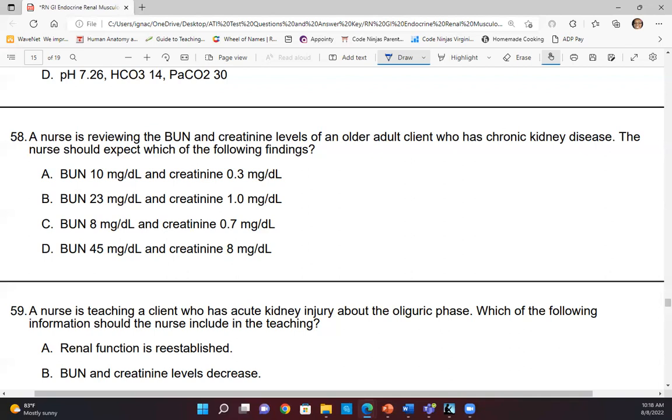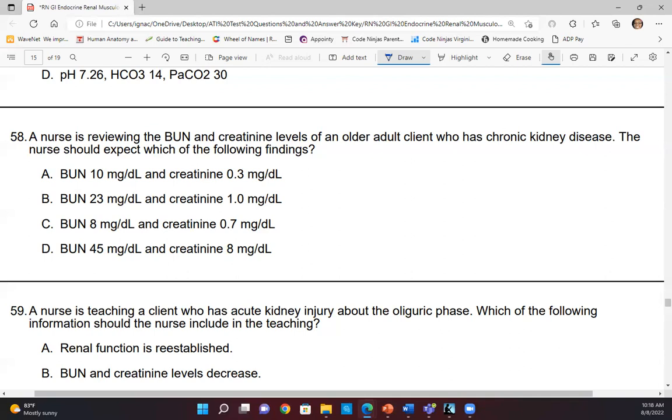So let's take a look at our question 58. A nurse is reviewing the BUN and creatinine levels of an older adult client who has chronic kidney disease. The nurse should expect which of the following findings?